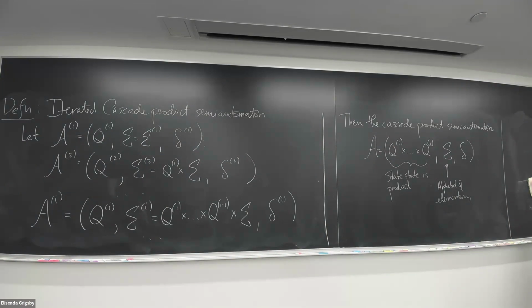So the informal theorem is that if A is a semi-automaton, there exists a realization of A as a cascade product. This is a classical result of Krohn-Rhodes. And moreover, we have some control over the length of the cascade and the types of transformation semigroups we see in this product.